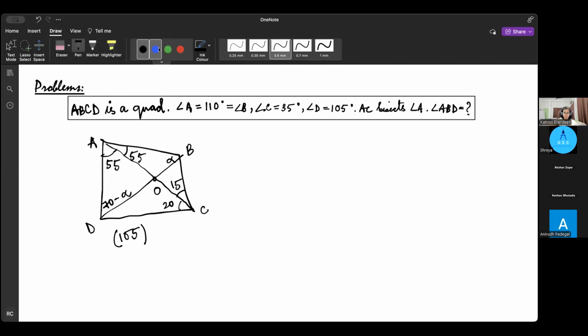Like what construction? I'm not sure, but I think cyclic quadrilaterals might help. Okay, it's a good idea. Any other ideas?